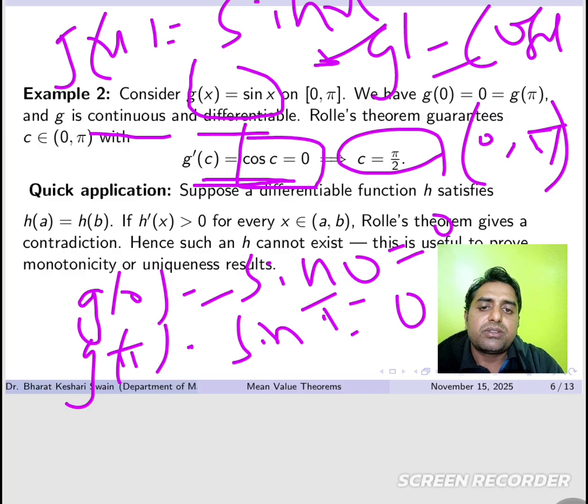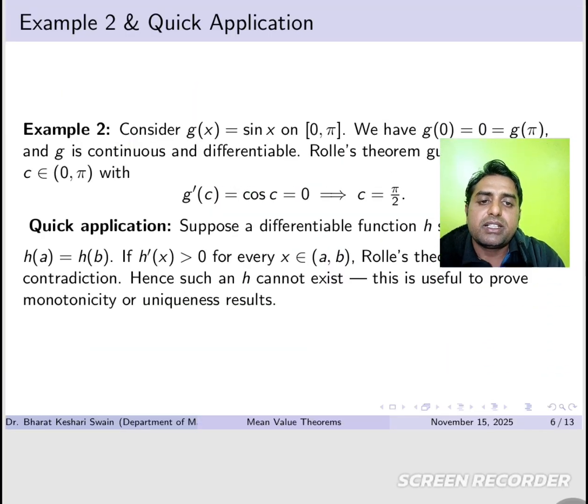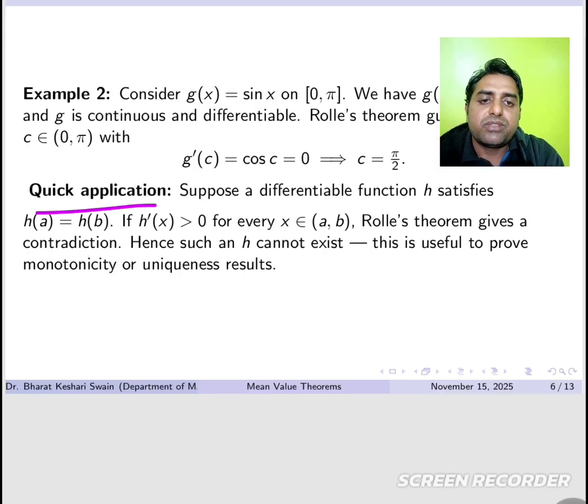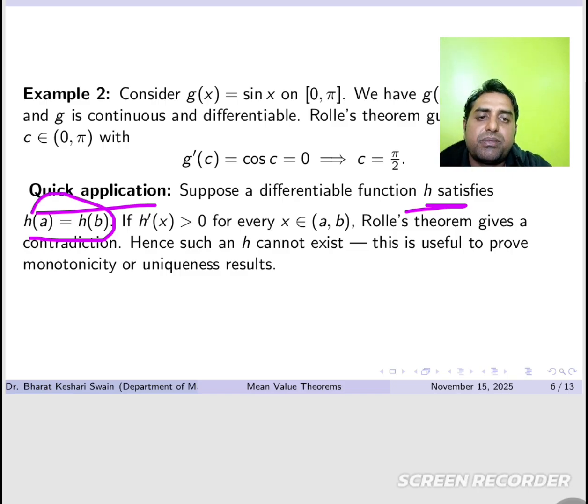Okay, so this is a verification of Rolle's theorem, and this is a quick application. Suppose a differentiable function h satisfies h of a equal to h of b, and h dash x greater than 0 for every x belonging to (a, b).